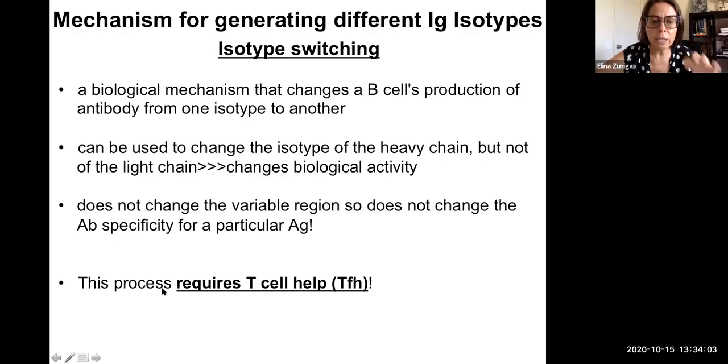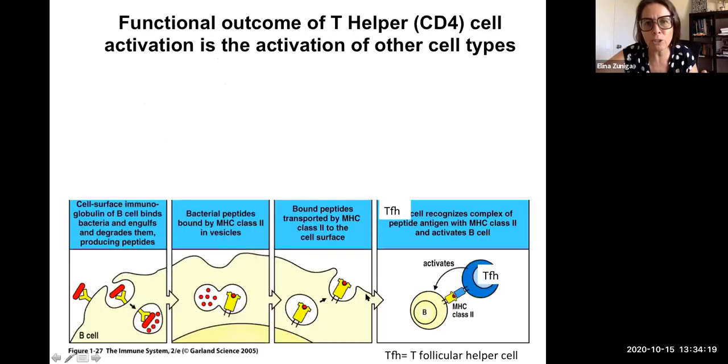Okay. And this process, isotype switching, always requires CD4 T cell help for the B cell. So for B cells to change the isotype, they need to receive help from the CD4 T cells. And remember, in the previous lectures, we mentioned that the T follicular helper cells, a subset of CD4 T cells, are the ones that can help the B cells.